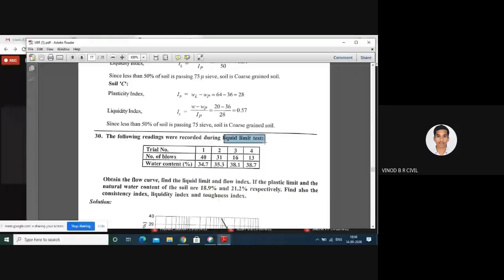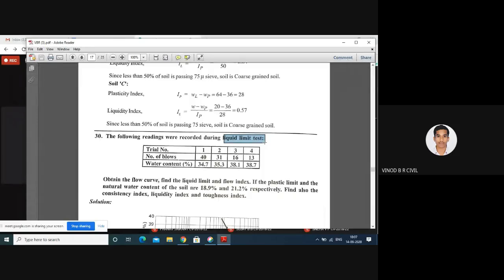In the cone penetrometer, at 20 mm penetration. In Casagrande, the number of blows is 25. In the cone penetrometer, it is 20 mm penetration, with which you can calculate the liquid limit.